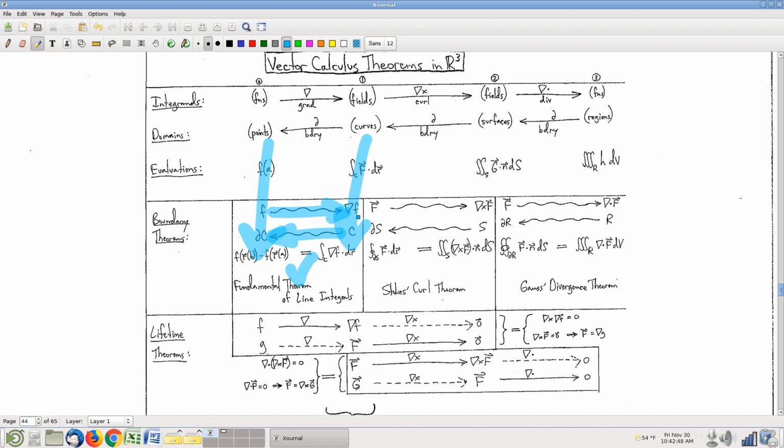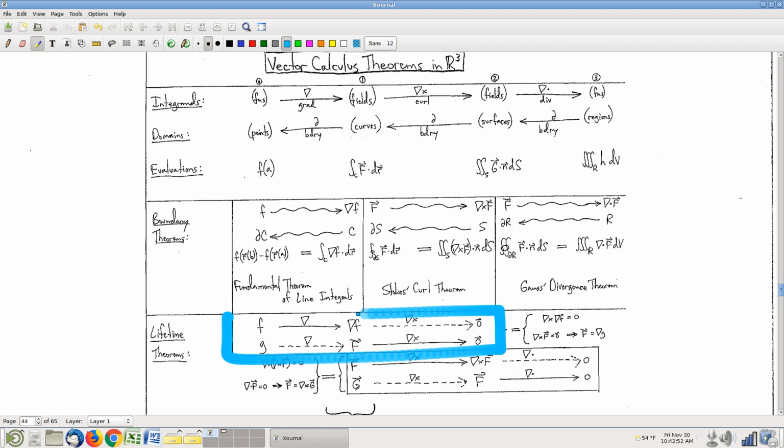And then the last thing you have to remember is what I like to call the lifetime theorems, in different versions. If you're looking at a gradient, then the curl is 0. Likewise, if the curl is 0, then it does have an anti-gradient.